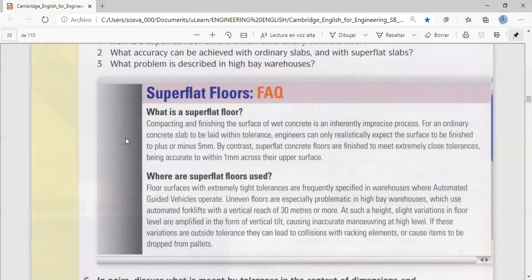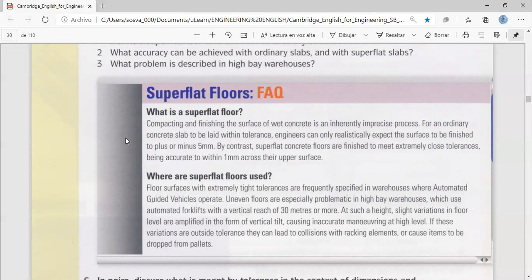For an ordinary concrete slab to be laid within tolerance, engineers can only realistically expect the surface to be finished to plus or minus 5 millimeters. By contrast, super-flat concrete floors are finished to meet extremely close tolerances. That means being accurate to within 1 millimeter across the upper surface.